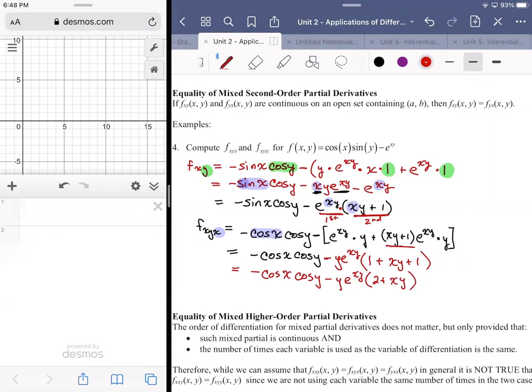You might disagree. You might feel it was easier the other way, in the expanded form. I just knew that we were in for a little bit of a ride with the xy e to the xy. It would have involved product rule one way or the other, so why not?